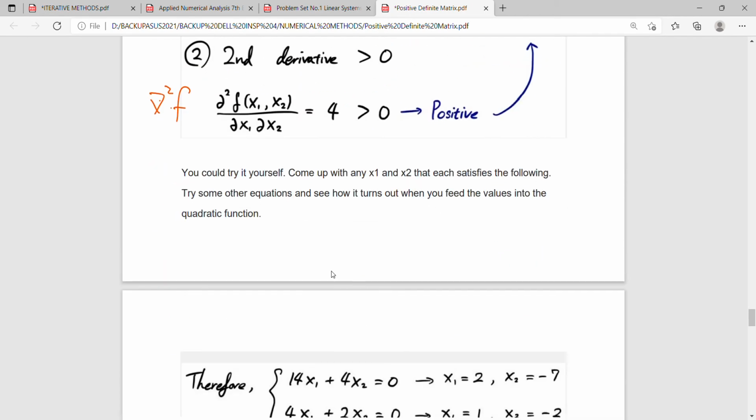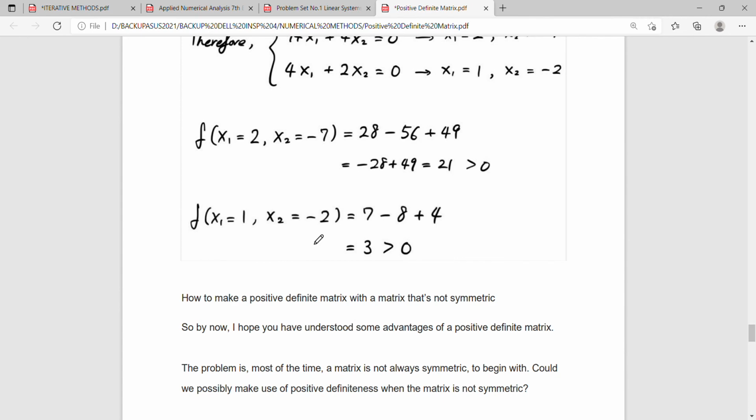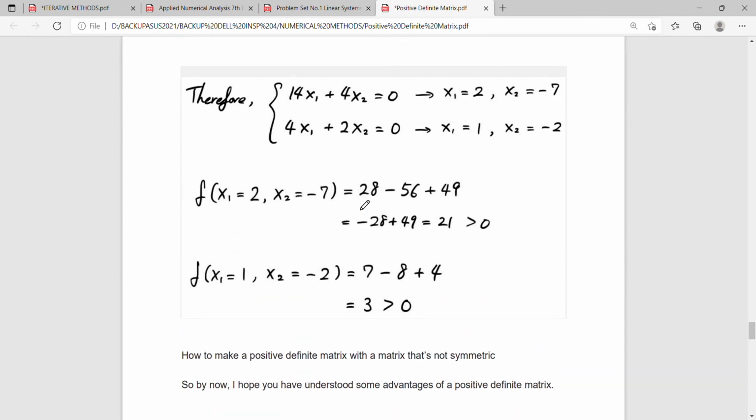Okay, so the rest of these mathematical formulations are just exercises on what you can do when the matrix is positive definite. It has no direct relation on the principle of optimization on the conjugate gradient problem.